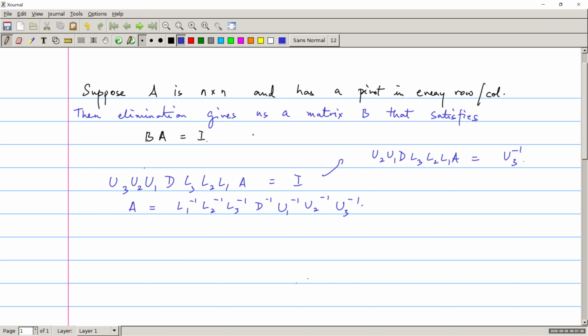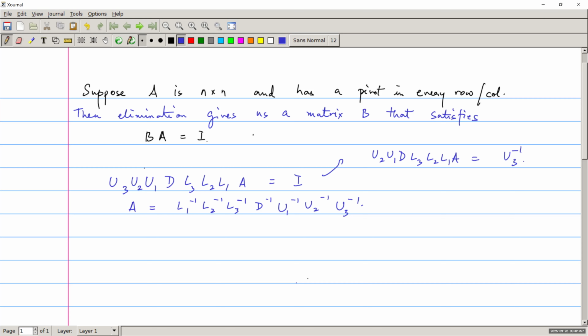Remember, if you have an equality and matrix multiplication is compatible, you're allowed to multiply by the same matrix on both sides. But you need to be careful. If you multiply one side of the equation on the left by a matrix, you need to multiply the other side of the equation also on the left by the same matrix.